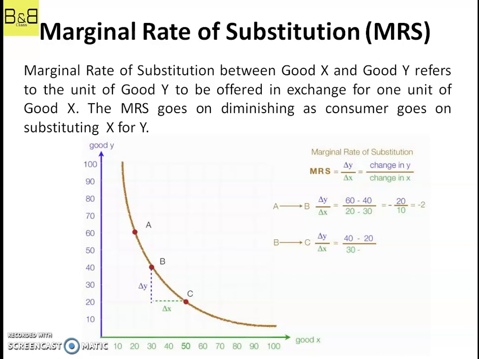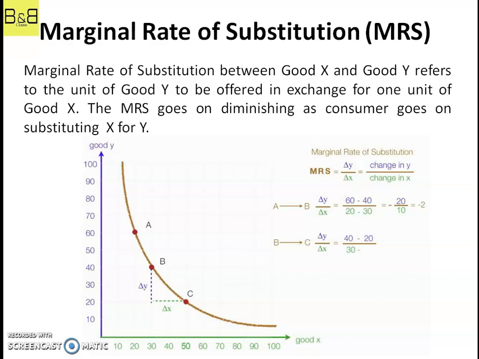The reason behind that is the utility derived from the additional unit, or the marginal utility of good X, will go on decreasing. Mathematically, the marginal rate of substitution is given by the ratio of change in units of good Y to the change in units of good X.